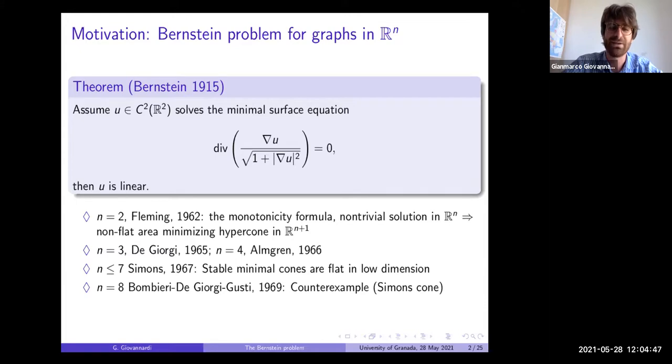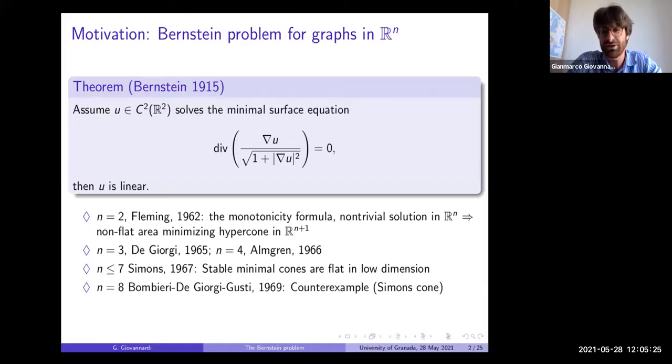And this gives a really simple proof of the Bernstein problem in dimension 2, because if you consider a cone in dimension 2, you have that one curvature is 0, because out of the singular point, the cone is foliated by straight lines, so it has curvature equal to 0.